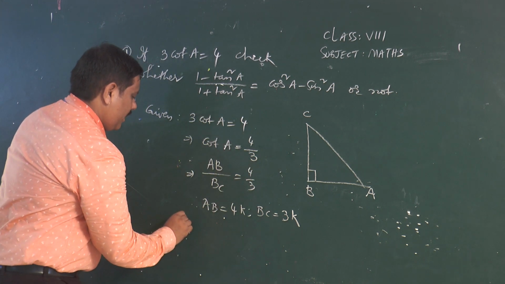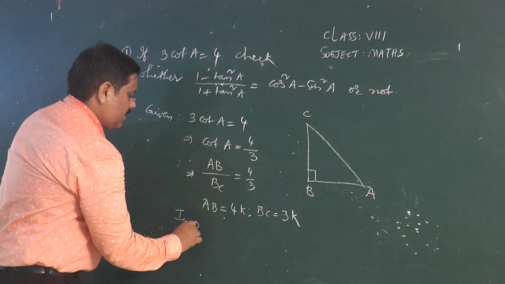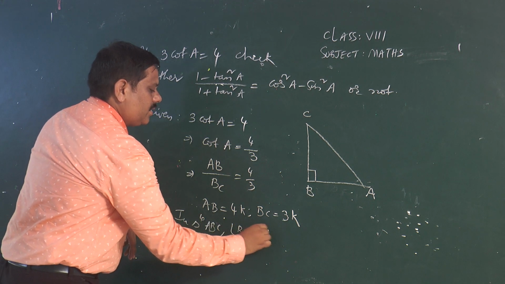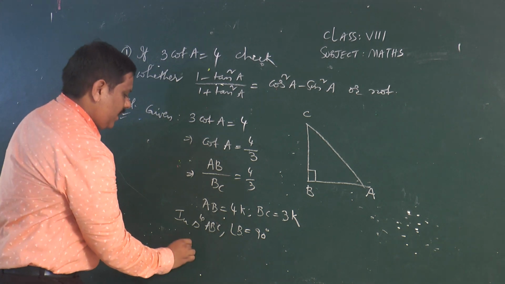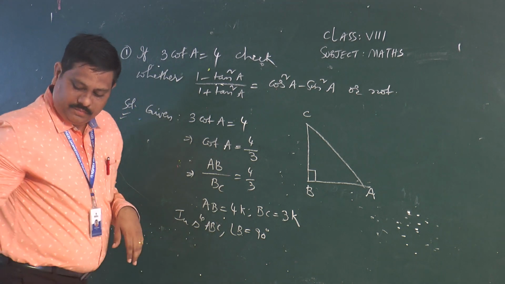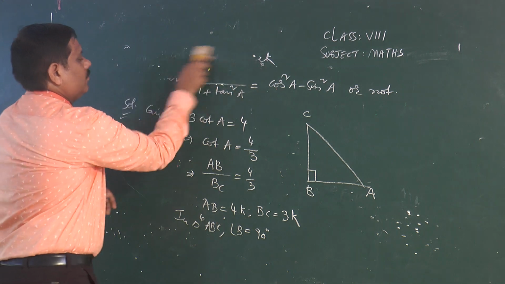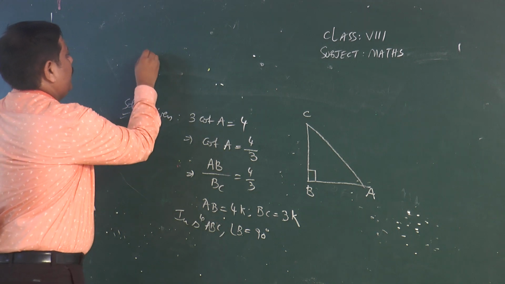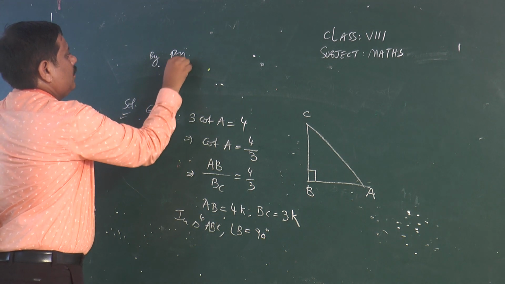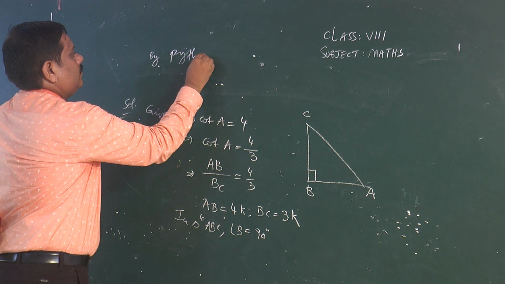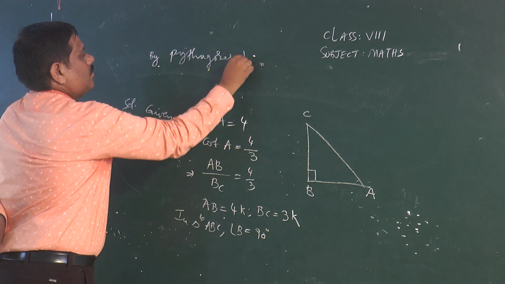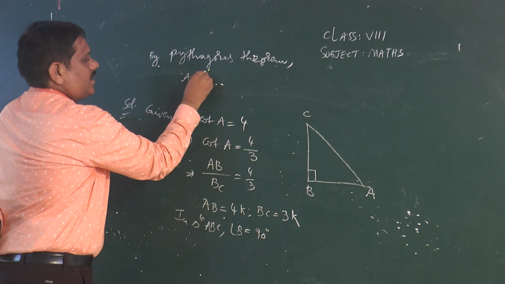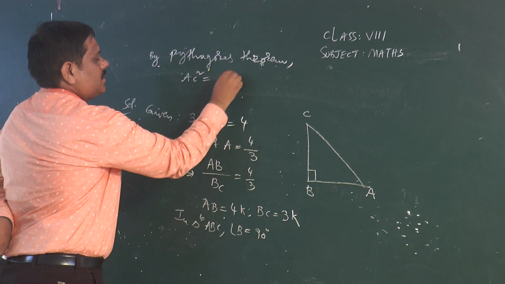Therefore, in triangle ABC, angle B is equal to 90 degrees. By Pythagoras theorem, we have AC square is equal to AB square plus BC square.